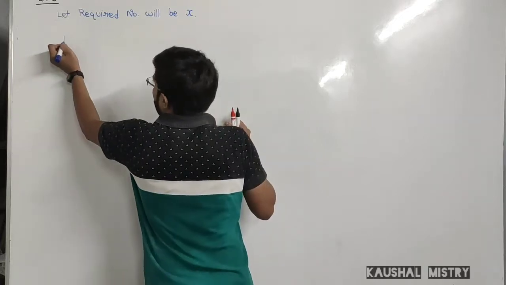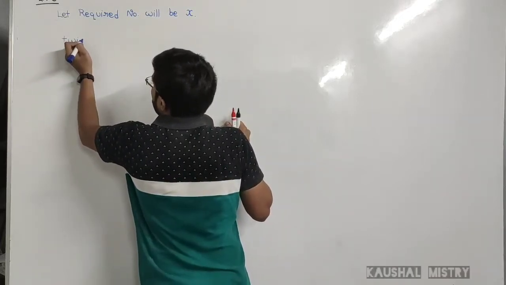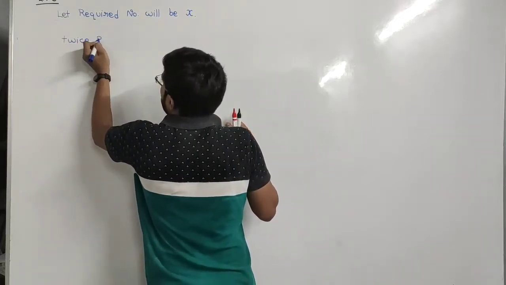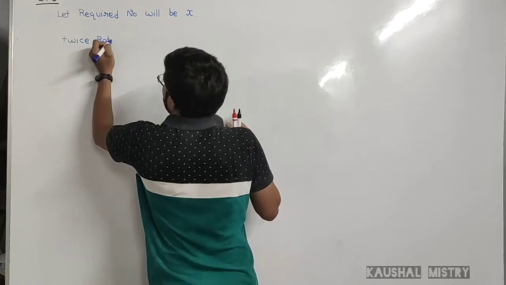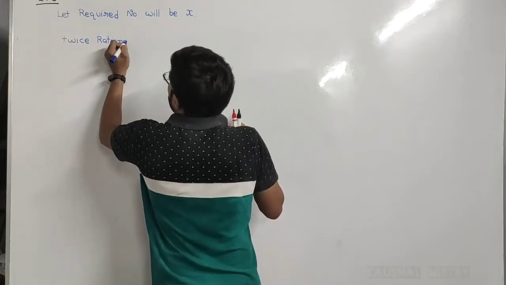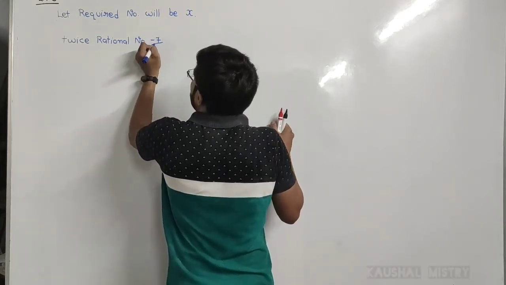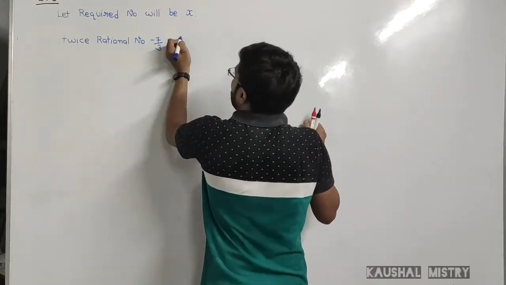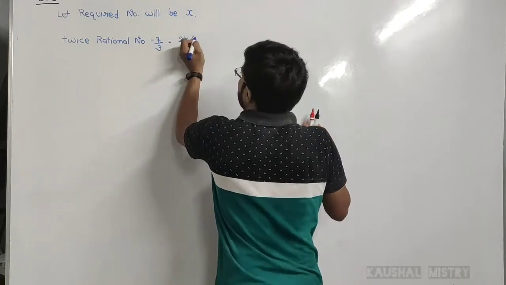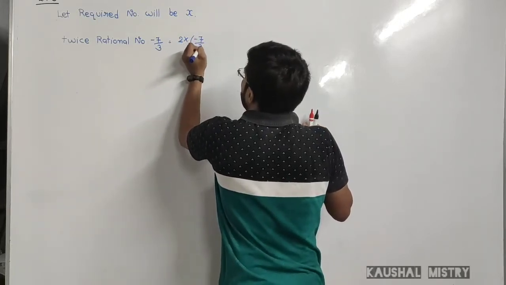So twice the rational number minus 7 by 3, twice means we know that it is 2 times, so 2 multiplied by minus 7 by 3, right?